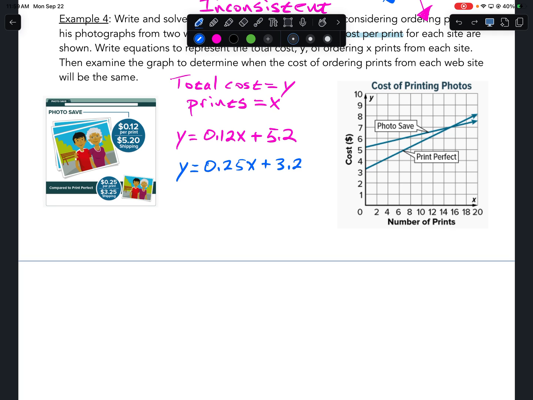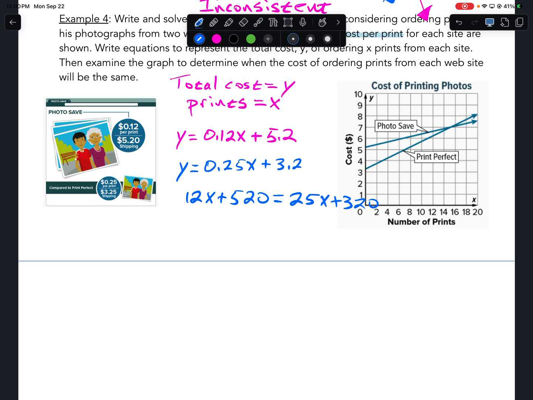So here's what you can do. We're going to do this tomorrow anyway, so it's a nice little segue. So I'm going to multiply everything by 100, right? Because the decimals are going to annoy me eventually. So I'm going to say 12x plus 520 equals 25x plus 325. What did I just do? What's that called?